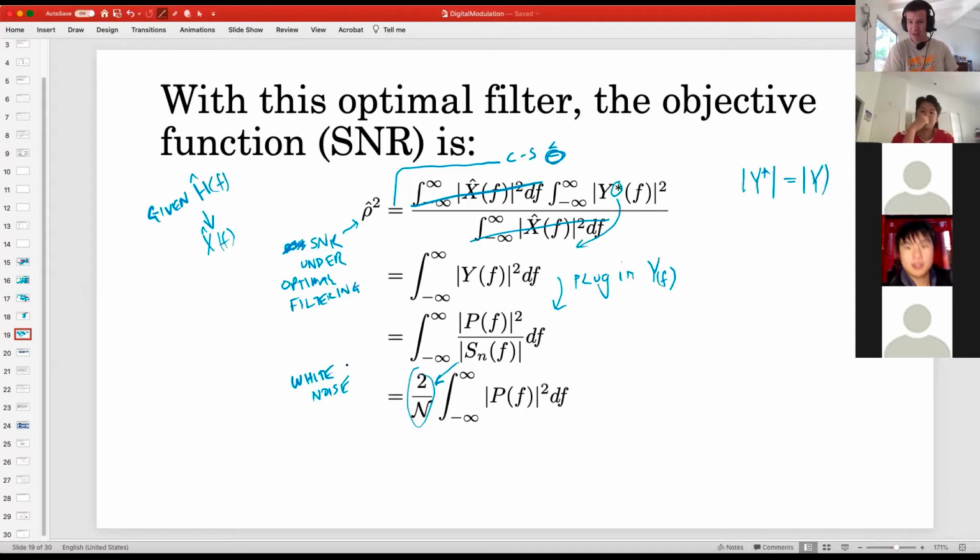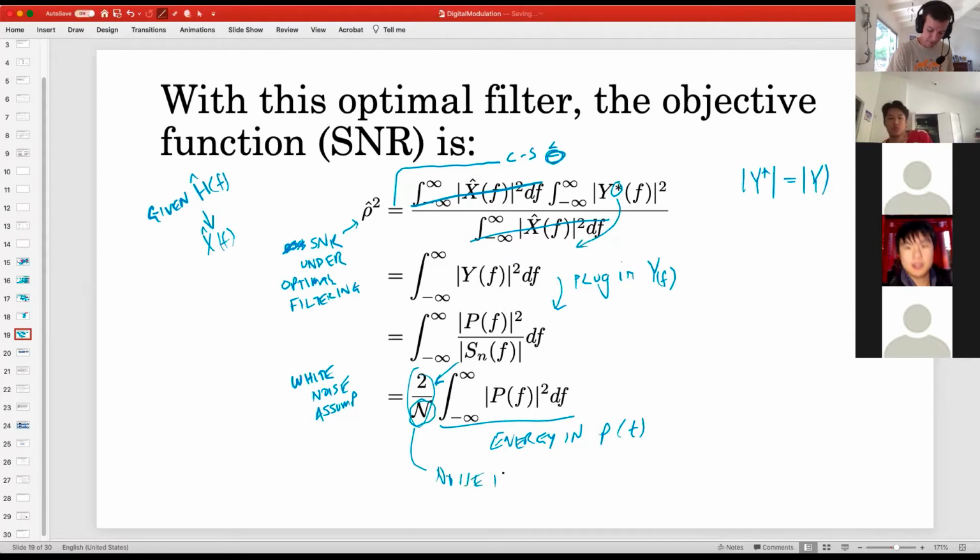You don't get a nice clean answer. And so this is my justification for why this is the signal to noise ratio, right? This is the energy in our pulse and this is the noise power. Okay, so this is literally signal over noise.